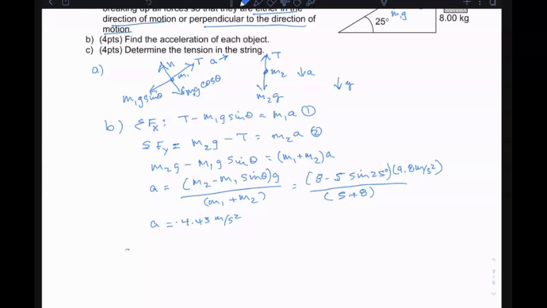In part C of the problem, we're asked to determine the tension in the string. Well, I have two equations to choose from. I can use equation 1, or I can use equation 2.